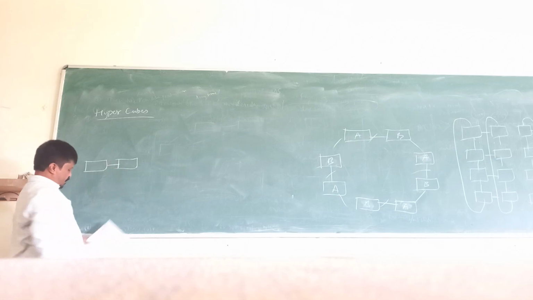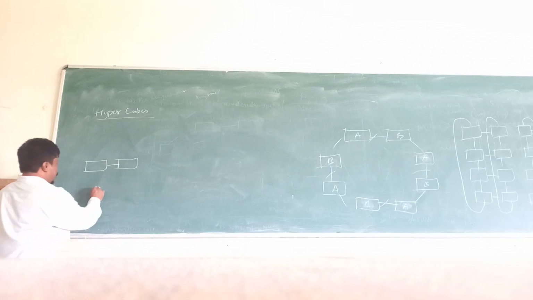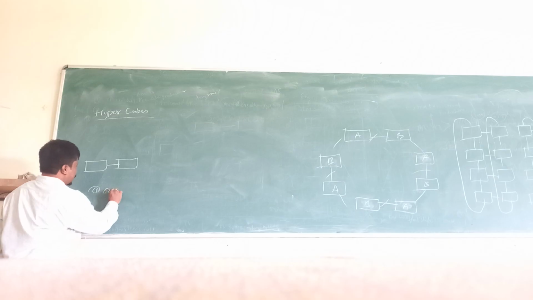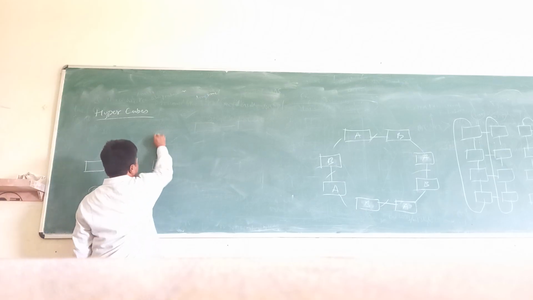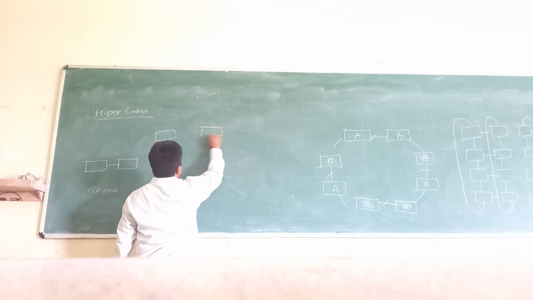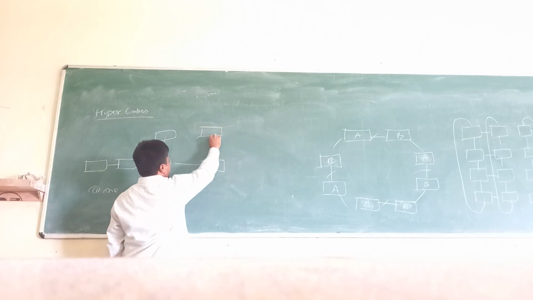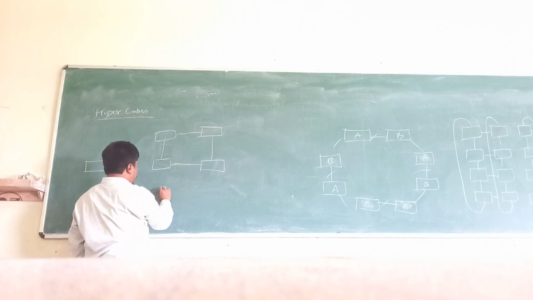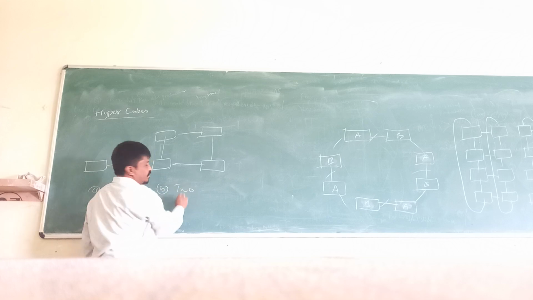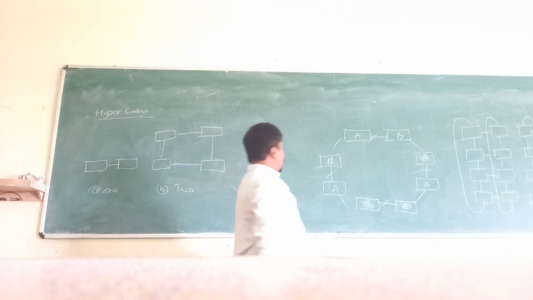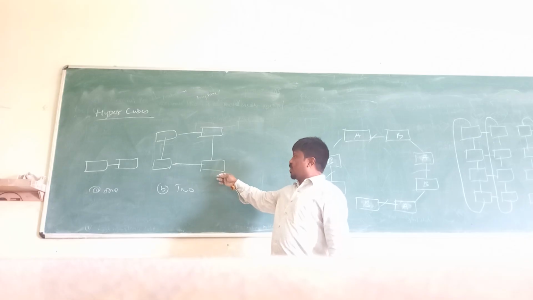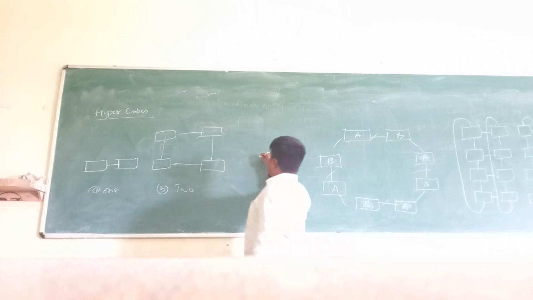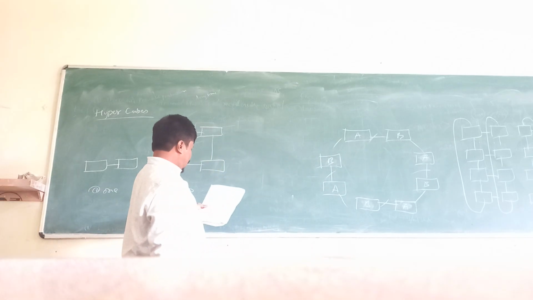Okay, this is the one dimensional. This is the two dimensional. If I have 4 cubes here, this one is called the 2-dimensional. If I have 2-dimensional cubes here, then I'll get the 3-dimensional figure also.